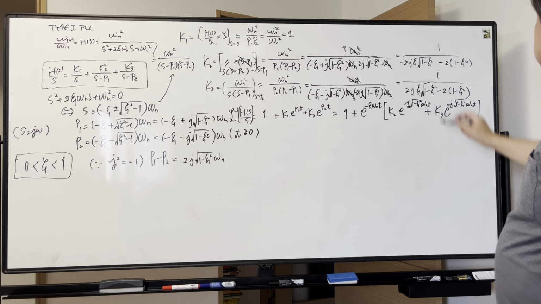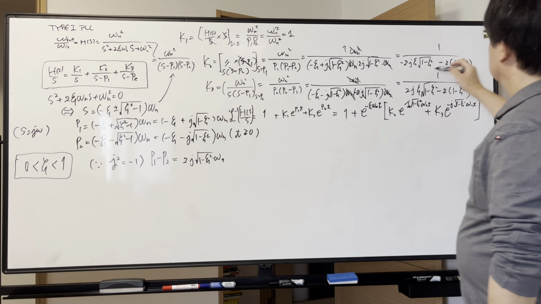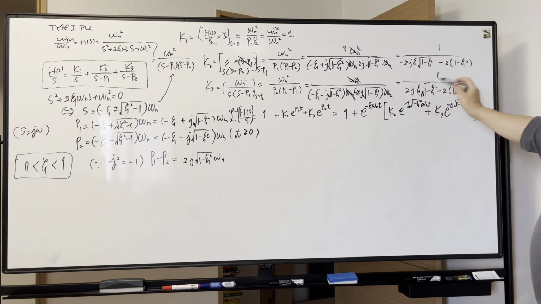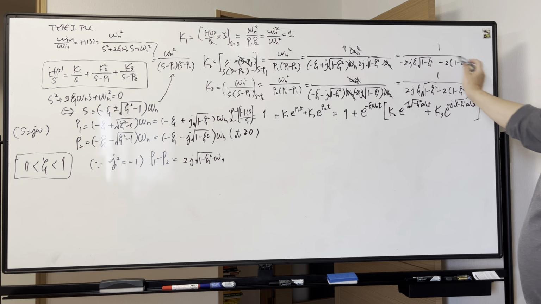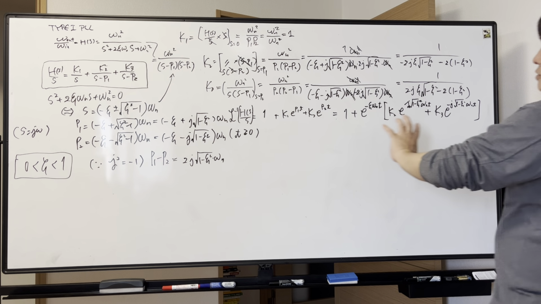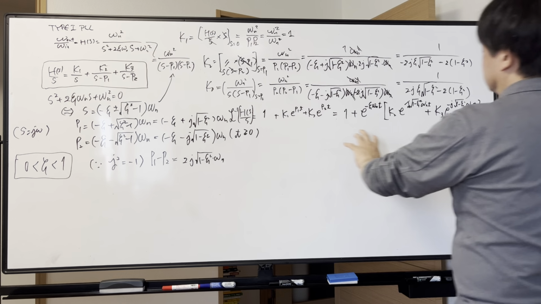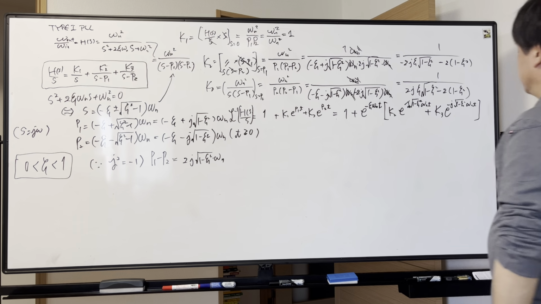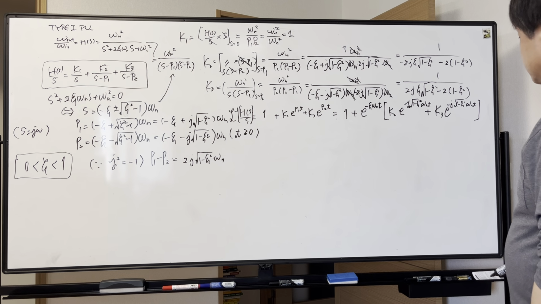We need to rationalize the denominator of these to factor out the imaginary part and the real part, the real number part and the imaginary part separation.